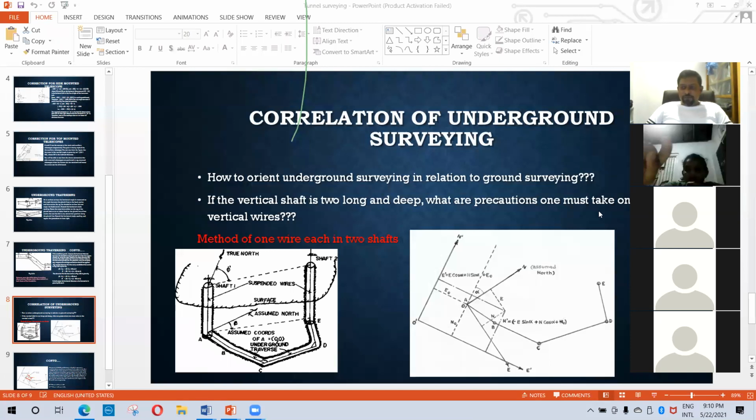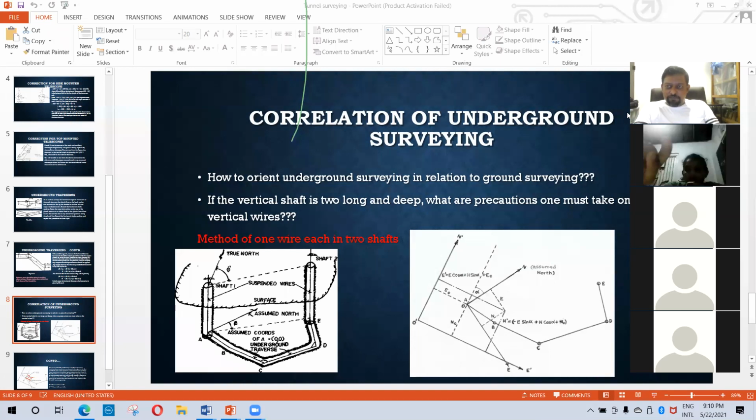Basically, you assume a bearing, assume north inside the tunnel, and with respect to that, you calculate the bearing and coordinates of all the stations. Then after that, what we do is a conversion from the assumed coordinate system to the real coordinate system, which will give you the bearings of the orientations of all the lines of your survey. That is how we do it.